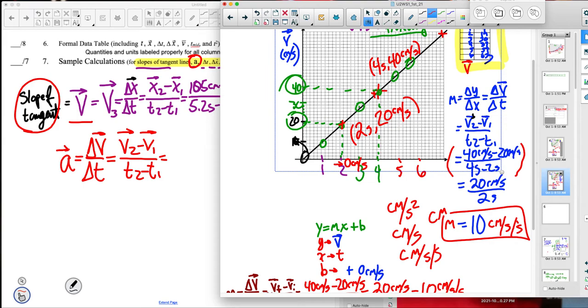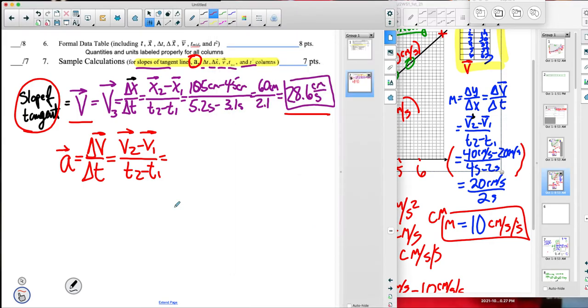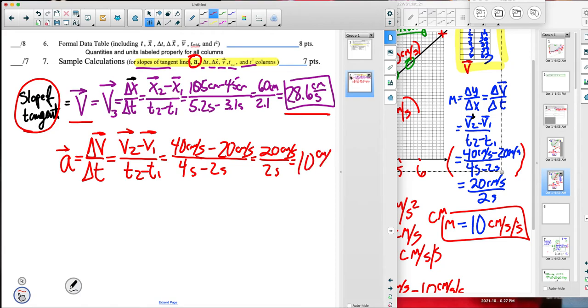Our second velocity was 40 centimeters per second minus 20 centimeters per second, over 4 seconds minus 2 seconds. The top is 20 centimeters per second divided by 2 seconds, which equals 10 centimeters per second per second. Again, we've started with a general equation, expanded that equation, filled the original values in with units, and we've got an example of acceleration.